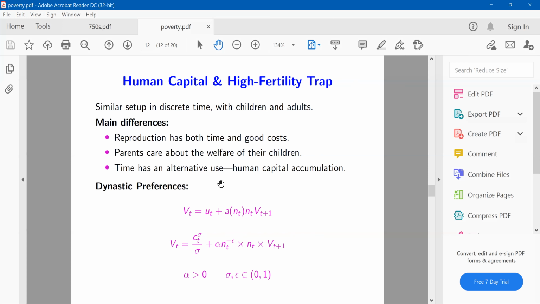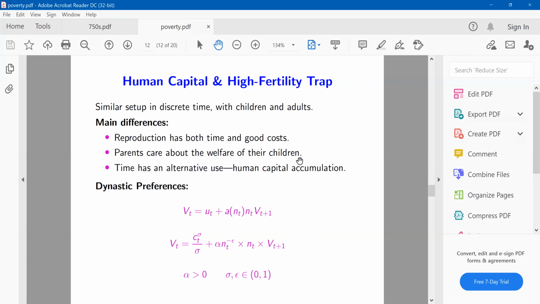That time investment is for two reasons. One is nursing, right? You have to feed the kid, you have to spend some time feeding the kid, sleeping him or her, other stuff. And there are also goods costs, okay? You have to purchase the stuff that the baby or the kid will consume.